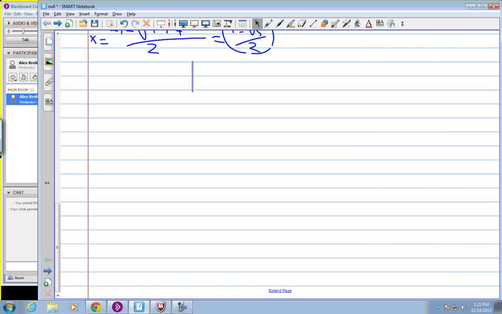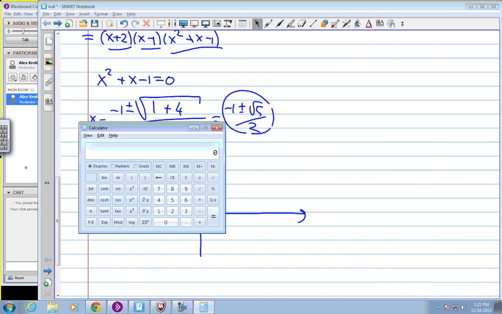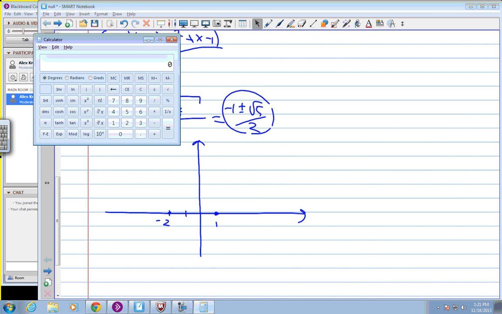Because we need to sketch, right? So the sketch, your intercepts are negative 2, positive 1, right? And those two numbers, you can actually plug them in a calculator to at least approximately see where the intercepts are. So let's say negative 1 minus the square root of 5 divided by 2 is negative 1.6-ish.